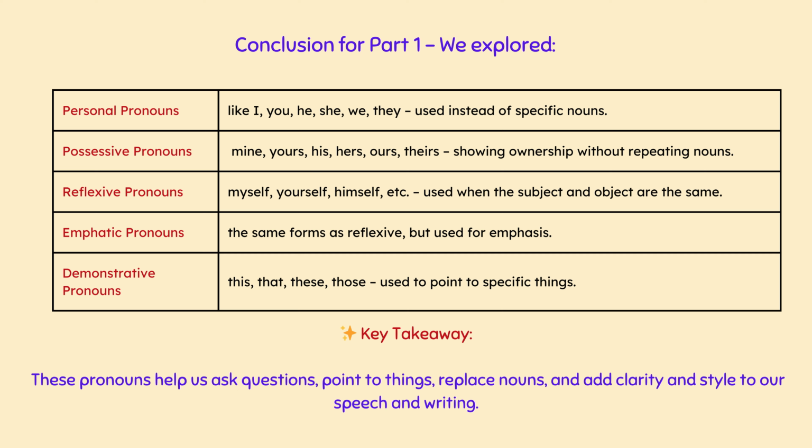Emphatic pronouns, the same forms as reflexive, but used for emphasis. And finally, we looked at demonstrative pronouns, this, that, these, those, used to point to specific things. Key takeaway: these types of pronouns help us express ownership, ask smart questions, replace repeating words, and make our communication sharper and clearer.